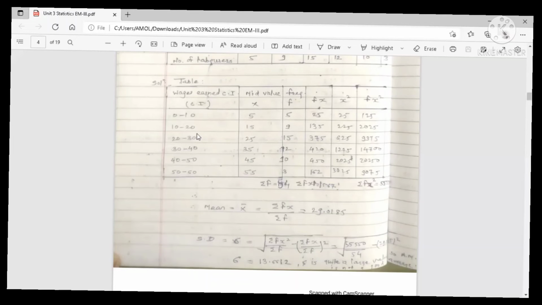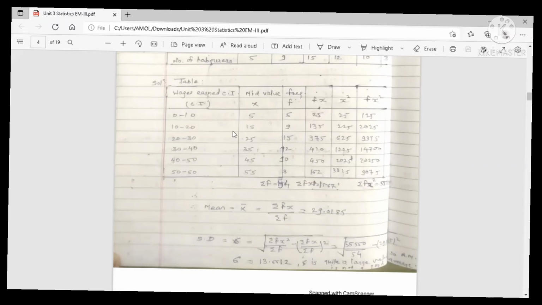You just add and divide by 2, you will get the mid value. 10 to 20, addition of 10 and 20 divided by 2, you will get mid value 15. Addition of 20 and 30, and then you divide it by 2, you will get mid value 25 and so on. For 30 to 40, it is 35. 40 to 50, it is 45. 50 to 60, it is 55.